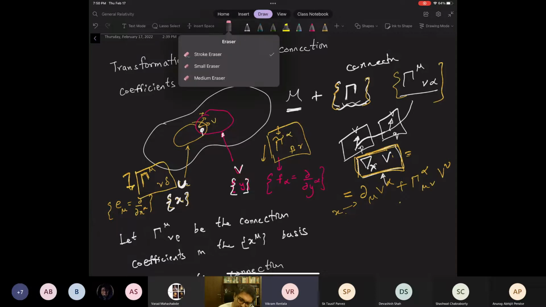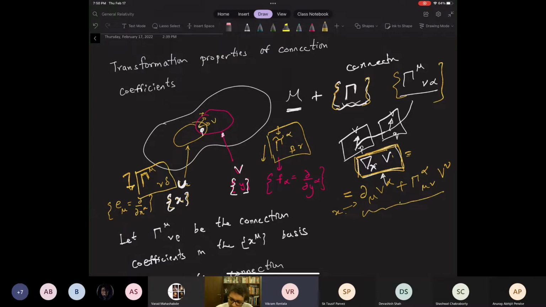Maybe I'll write out the rules later, but the idea is that this is some coefficient of a vector, a coefficient of e alpha, and this entire sum over these e alphas describes some vector.